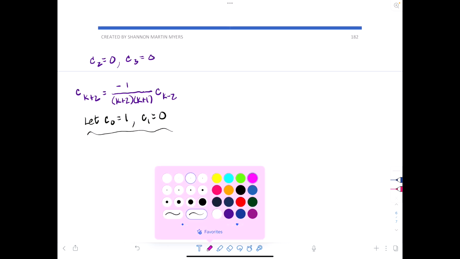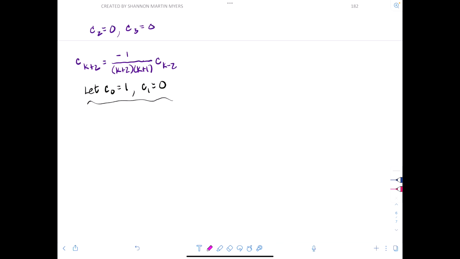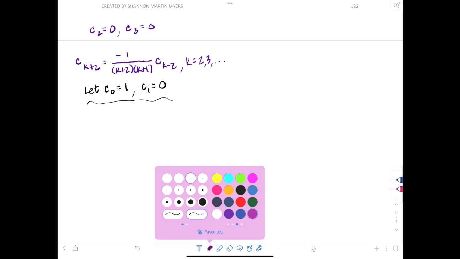And so working with this, and then remember k goes from 2, 3, ... So the smallest number we can plug in is 2 for k. So here we go.